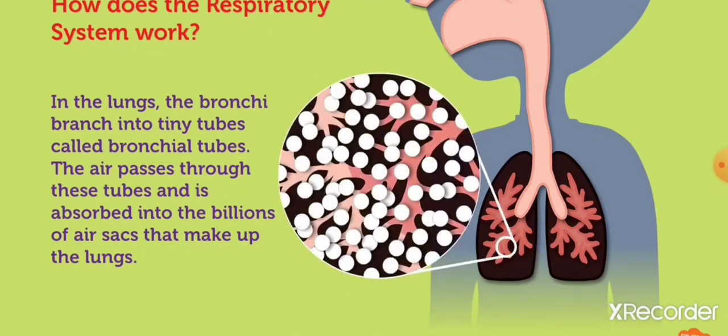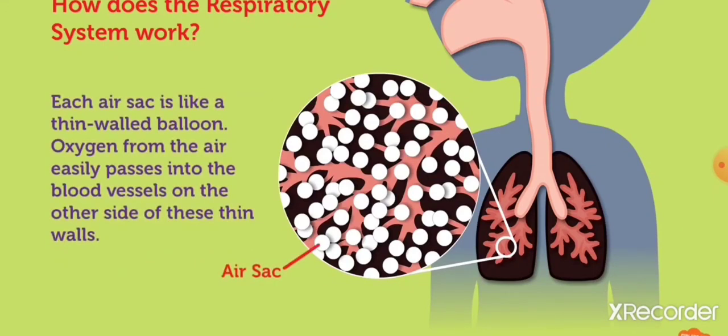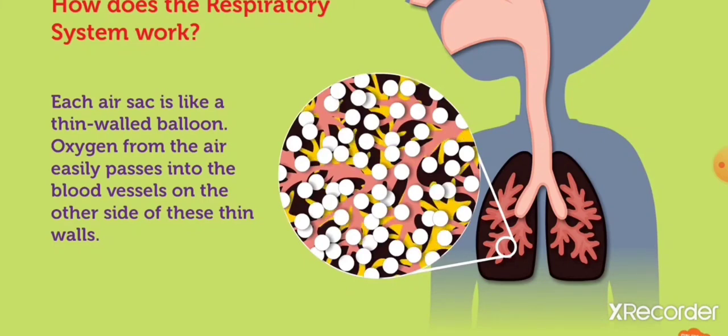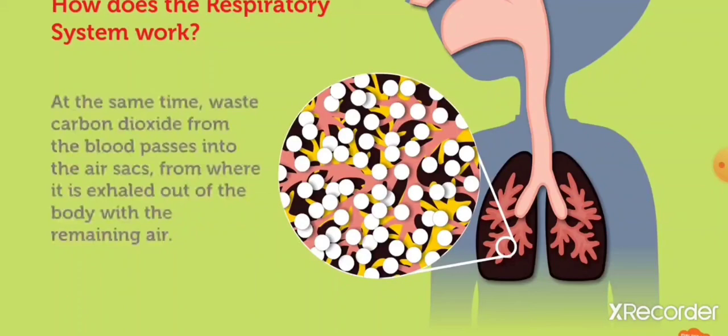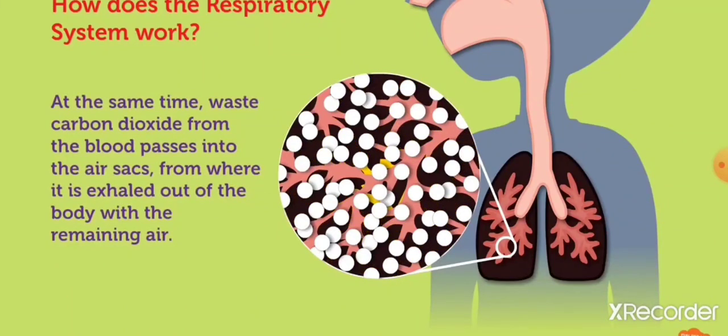There are small air sacs in the lungs which absorb oxygen from the air, and then they are also responsible for removing carbon dioxide and other gases which are not useful for us, and are waste.